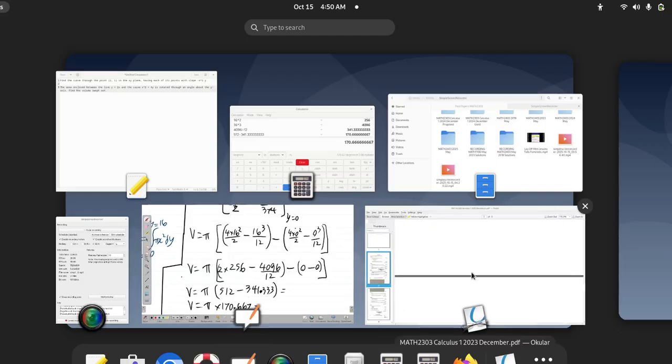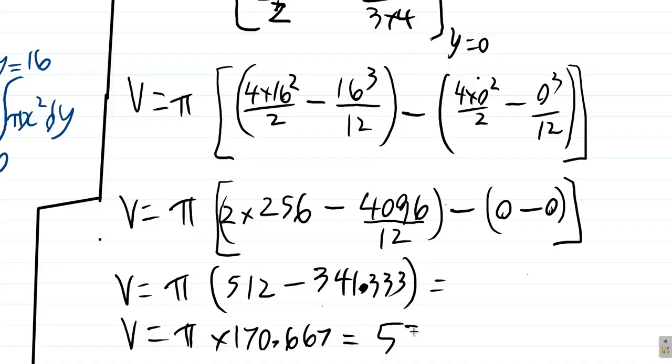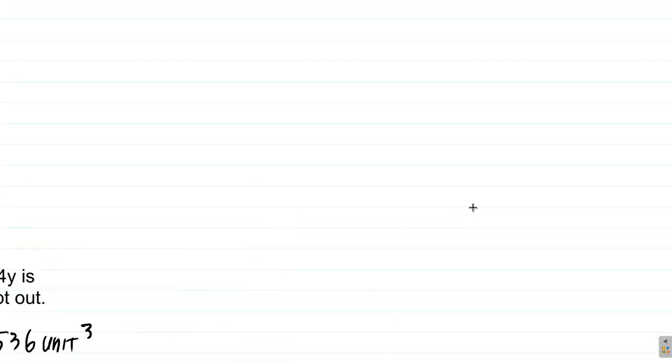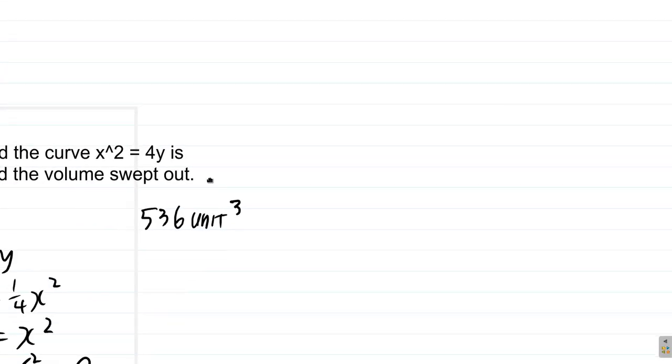So when we multiply that by pi, we get our 536 cubic units. That was the answer, right? That's what I had said I got earlier.